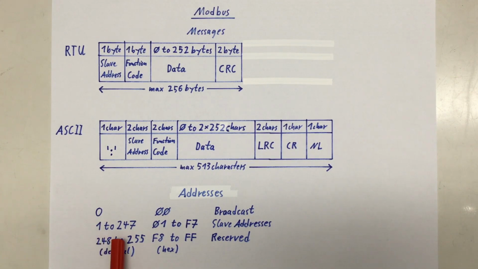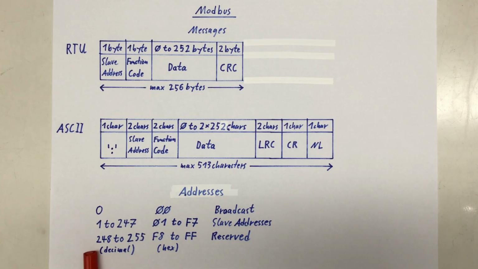Decimal 1 to 247, respectively hexadecimal 01 to F7, are actual slave addresses used by the master to address a specific slave, and that slave is expected to respond to the master's message. Decimal 248 to 255, respectively hexadecimal F8 to FF, are reserved addresses you should not use.